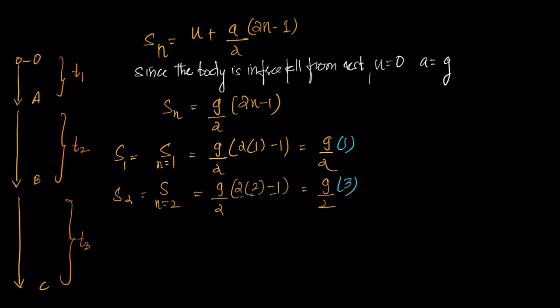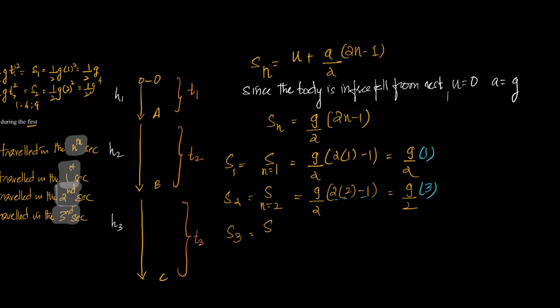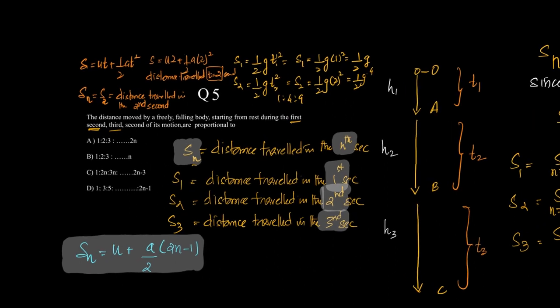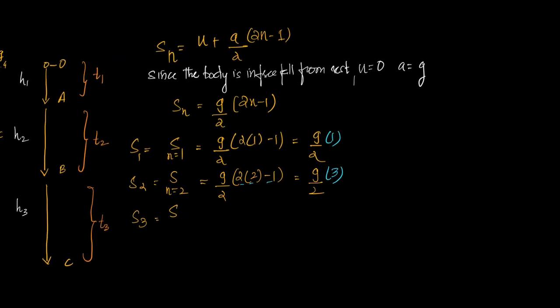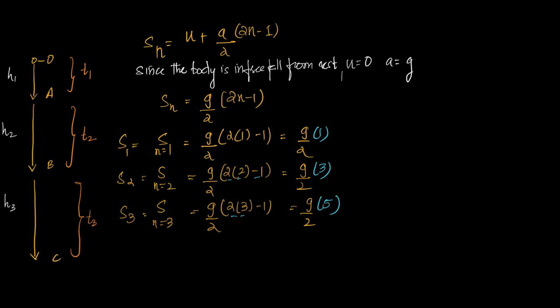Similarly, what is S3? The question asks about the first, second and third seconds. So n is equal to 3, which is G by 2 into 2 into 3 minus 1, which is G by 2 into 5. Now, what have we been asked to find?